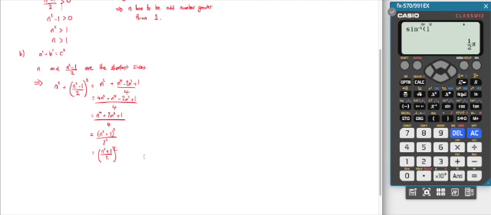Should always have a conclusion. This proves that n squared minus 1 over 2, n squared plus 1 over 2 form a Pythagorean triple.